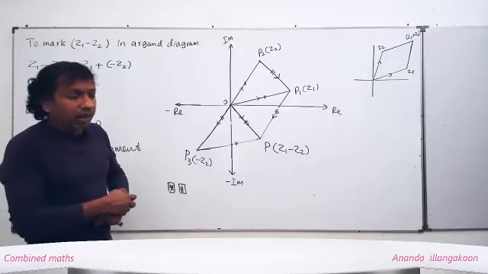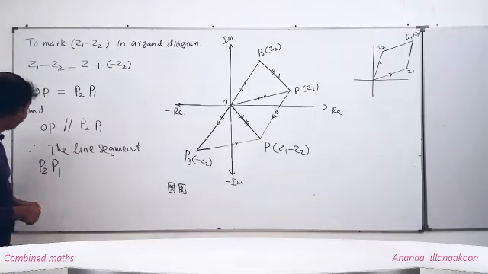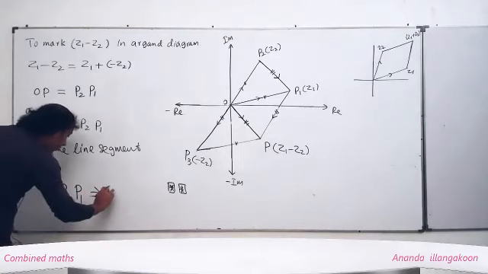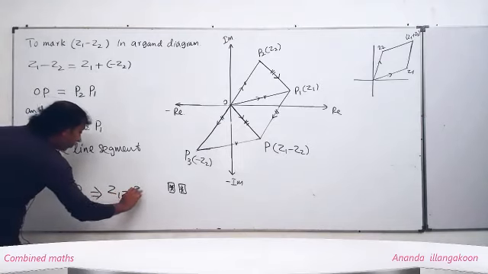Okay. So then you can write here P2P1 gives Z1 minus Z2.